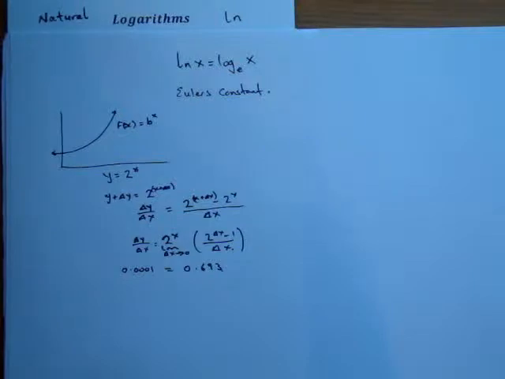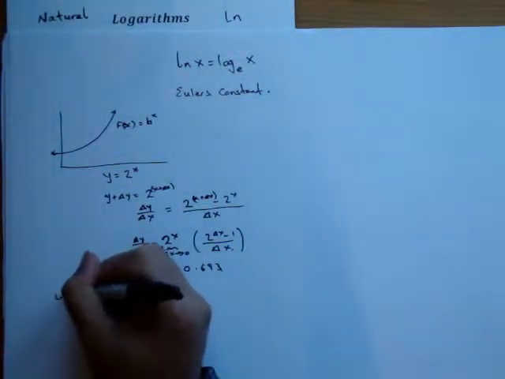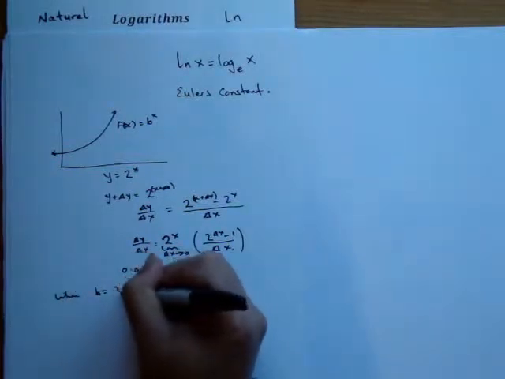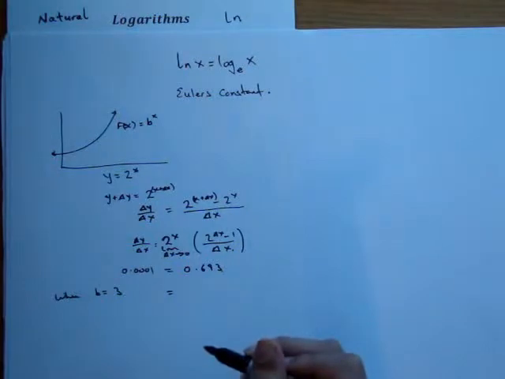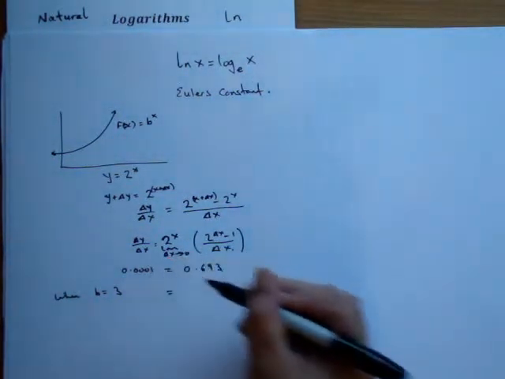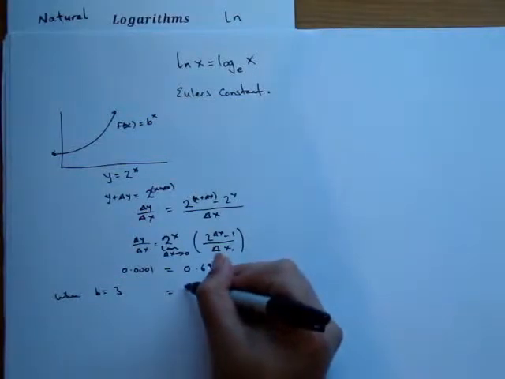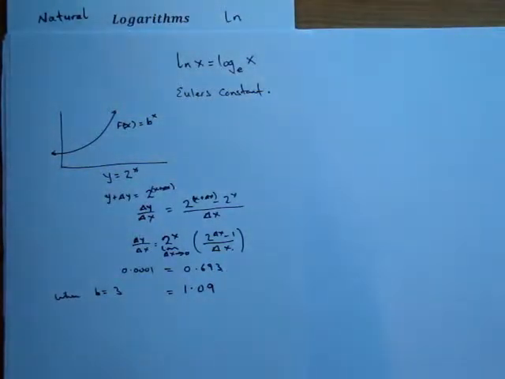Now when b is 3, putting the same small value for delta x, we'll get a value of 1.09.